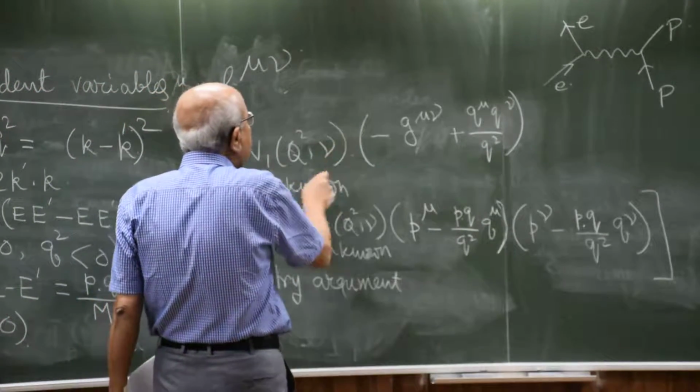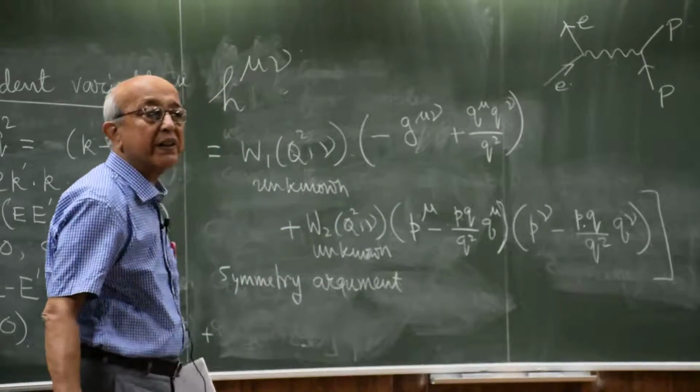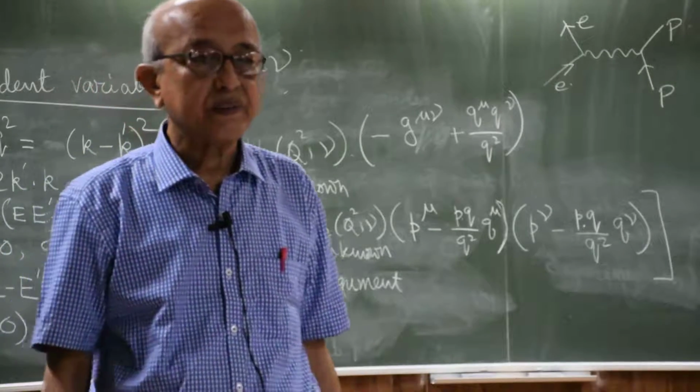And there can be unknown functions which are functions of q square and nu. These are Lorentz invariant quantities.